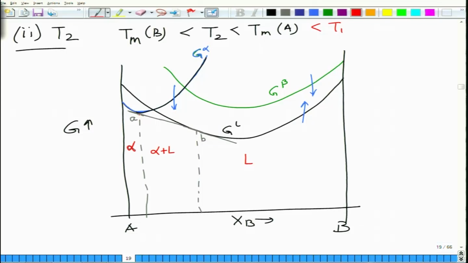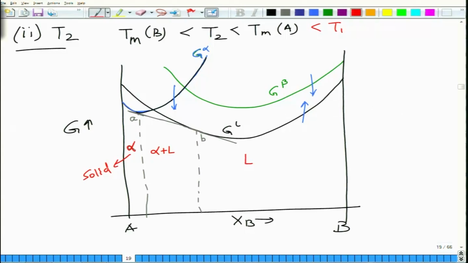On the A rich side, we drew a common tangent between G alpha and G liquid, and the points where the tangent touches the G alpha and G liquid curves we denote as A and B. Below composition A, it is all alpha, which is solid.